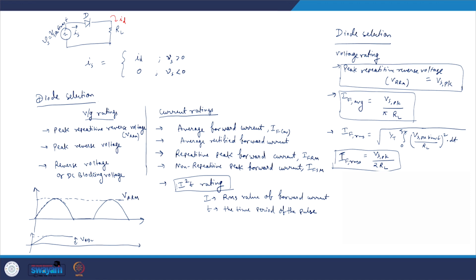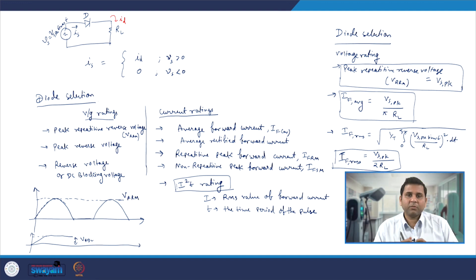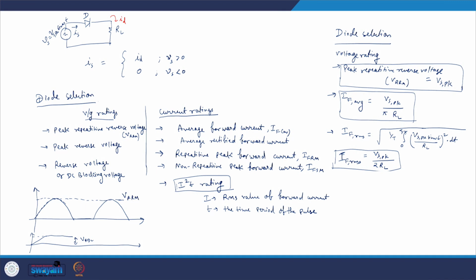Those things could also be considered, but depending upon the current and the voltage rating of the diode, one can select the family of diodes, and then from the family one can select the most appropriate diode, and that is when this particular converter can be designed and used to supply load from the AC source. This AC source will be converted into a DC and supplied to the resistive load.